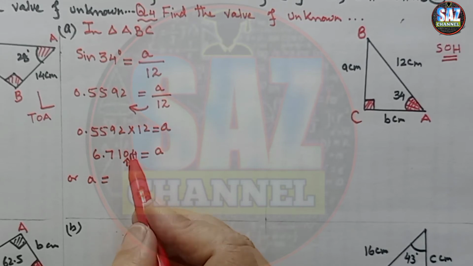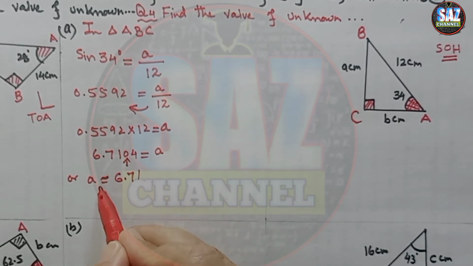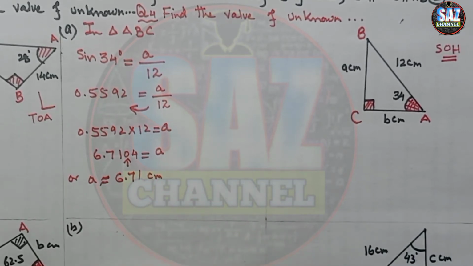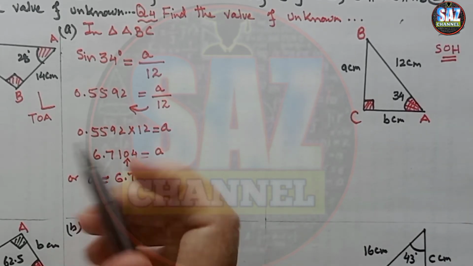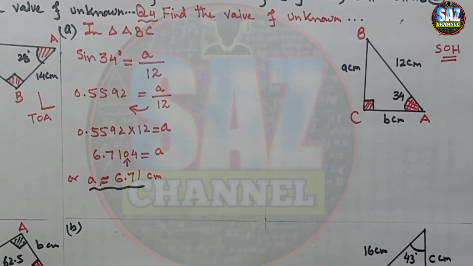So I will be dropping this digit and I will be keeping my answer 6.71, and the unit is centimeters. So this will be the value of A, and let me box my answer, so that my students can see this carefully.